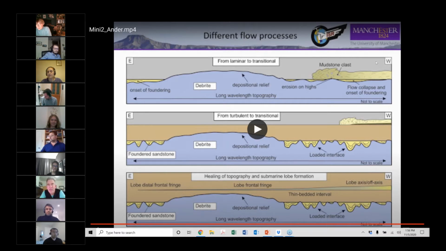Okay, maximum grain size. There are several issues there. There's the sand that's incorporated in the beds, and then there are the substrate clast sizes, which in my experience can be meter scale.